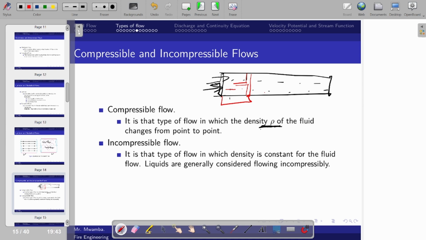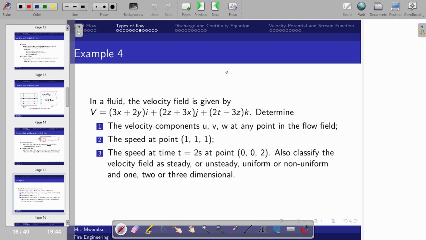So this kind of fluid, which can move under pressure and can be compressed like this, is called a compressible fluid, and those kinds of flows are compressible flows. But most fluids are considered to be incompressible. Let's do an example.